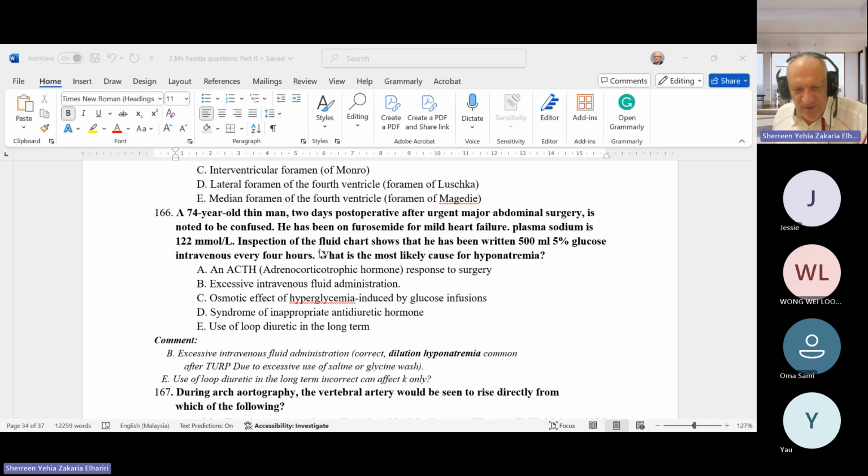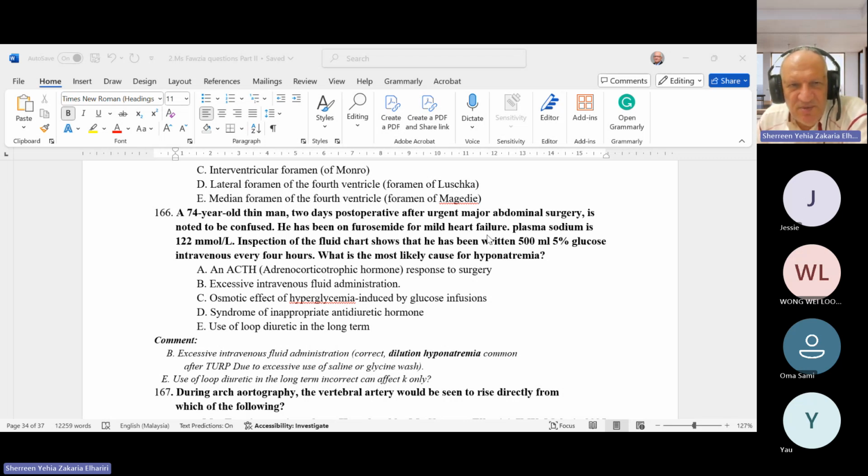Next question also has a lot of debate and comes many times. A 74-year-old thin man, 2 days post-operative after urgent major abdominal surgery, is noted to be confused. He has been on furosemide (Lasix) for mild heart failure.